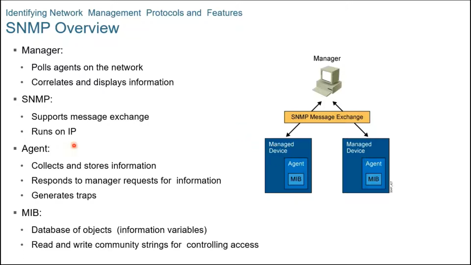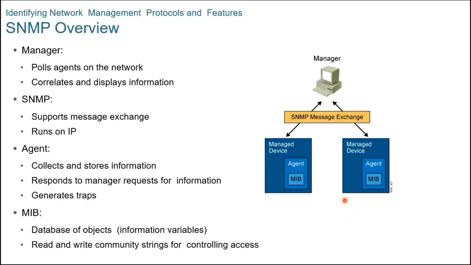Next would be the protocol. SNMP is a protocol for message exchange. It uses User Datagram Protocol, or UDP, to send and retrieve management information such as the MIB variables. Next would be managed devices.